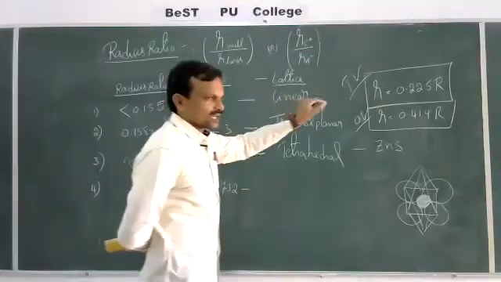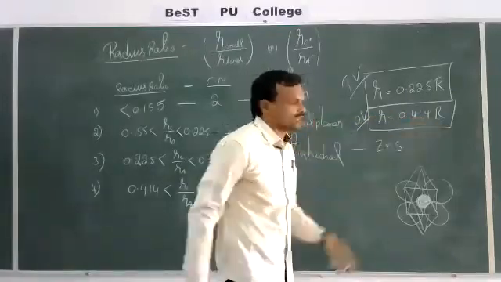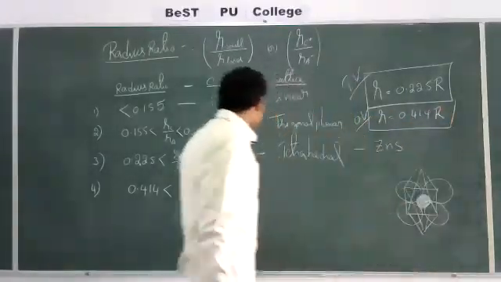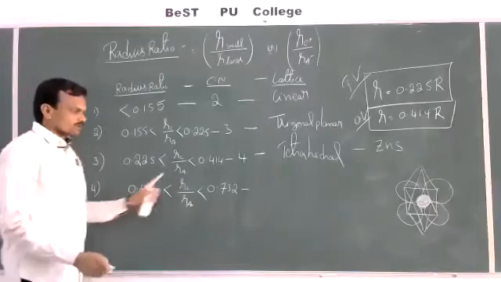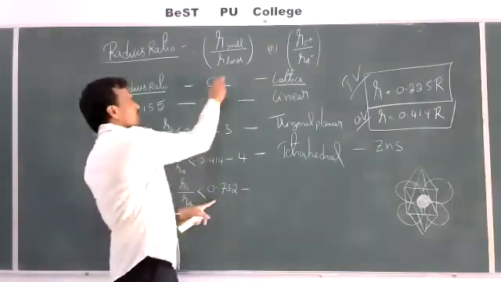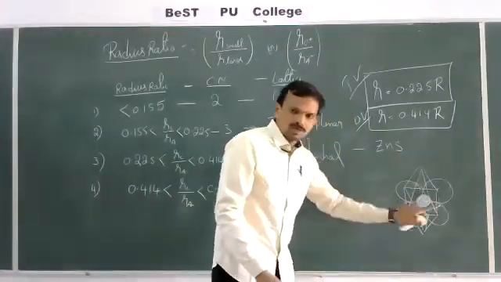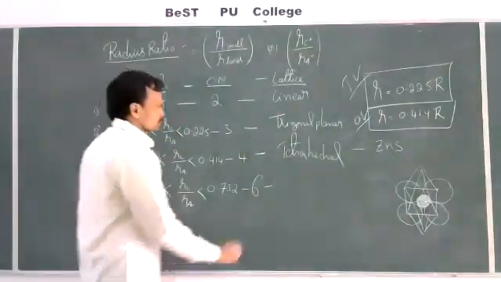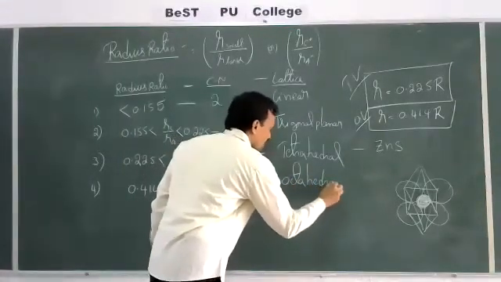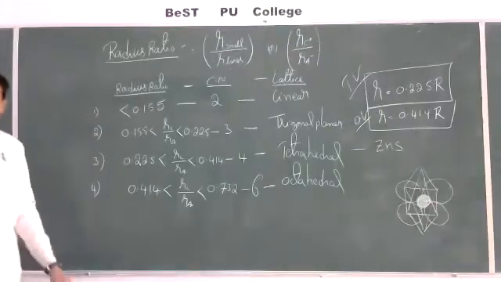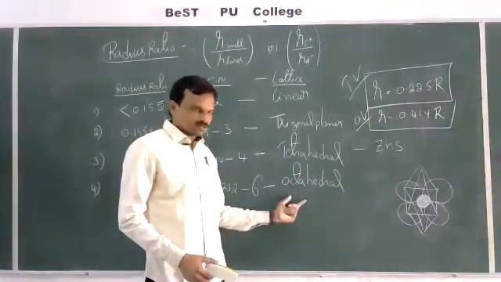So the radius of the particle occupying the octahedral void is 0.414 times the radius of the large particle. So if the radius ratio lies between 0.414 to 0.732, then the coordination number is 6. See, within the square 4, above the plane 1, below the plane 1, coordination number is 6. Now this is called the octahedral void. If the radius ratio lies between these two, the small particles occupy octahedral voids.